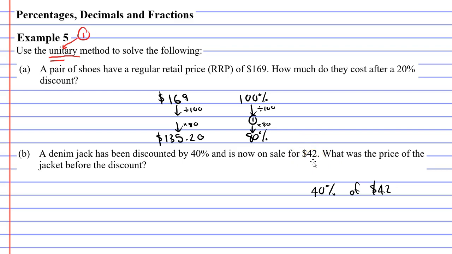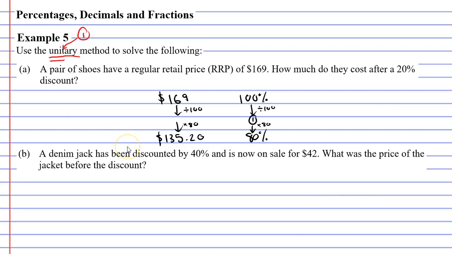It's the amount after it's been put on sale. So what we actually need to do is find 40% of the original amount, and we don't know what that amount is. So there's no way that we can make this calculation. So I'm going to rub that all out. I'm going to show you how to solve this using the unitary method. It's much easier to do it that way.